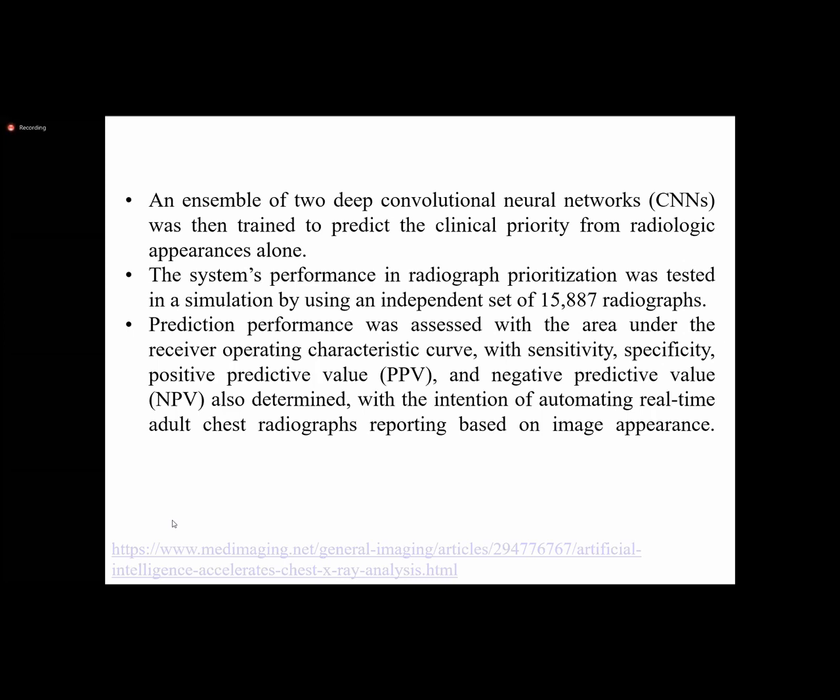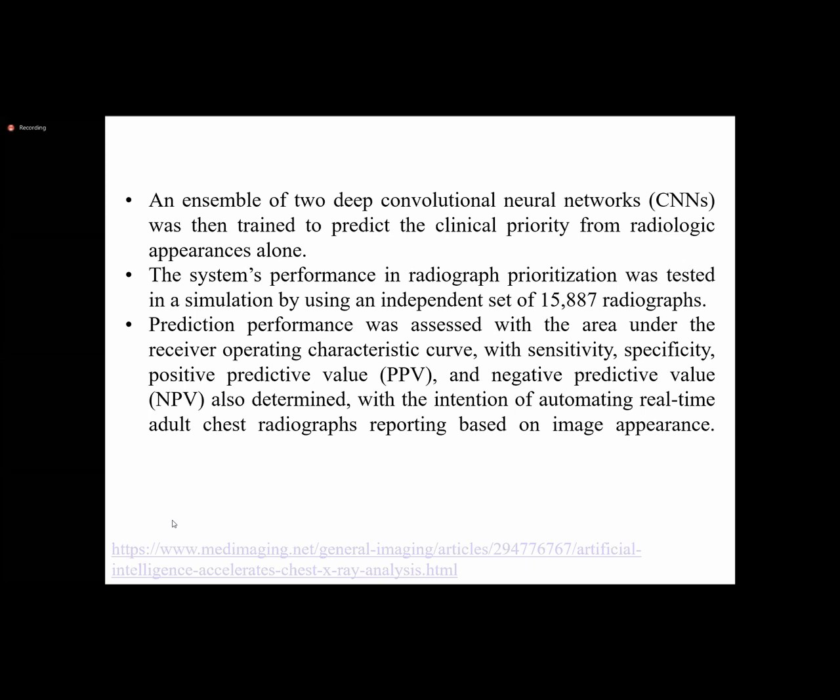The system's performance in radiograph prioritization was tested in a simulation using an independent set of more than 15,000 radiographs. The performance was assessed with the area under the receiver operating characteristic curve, sensitivity, specificity, and positive and negative predictive values.